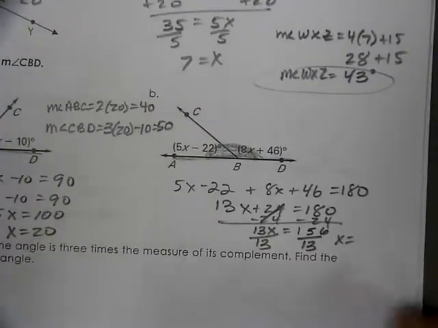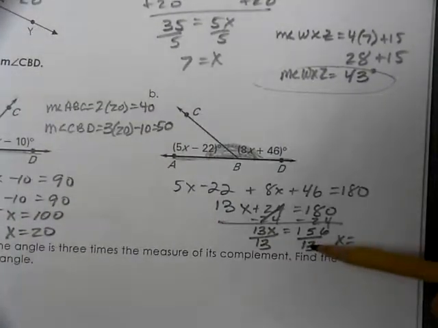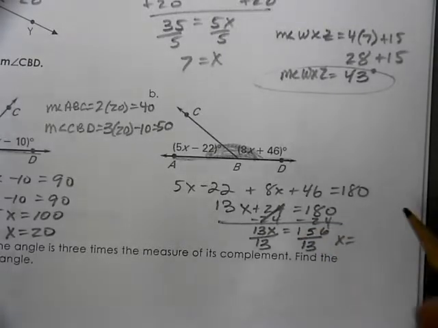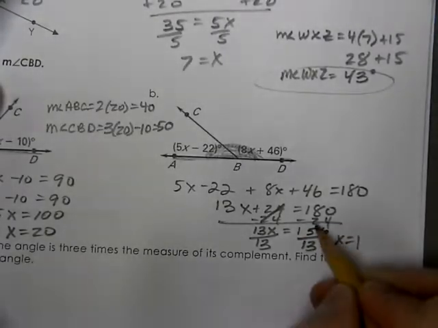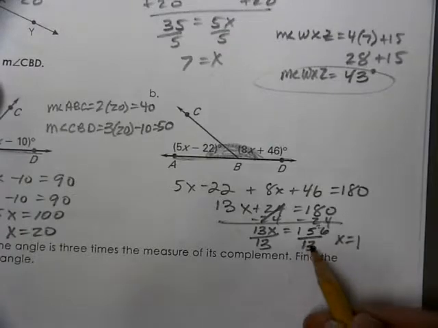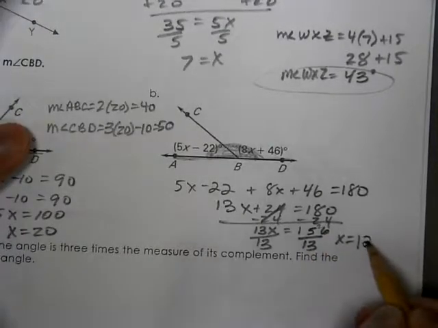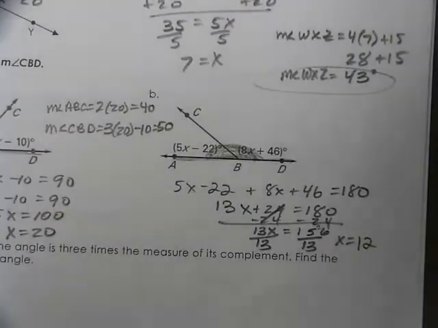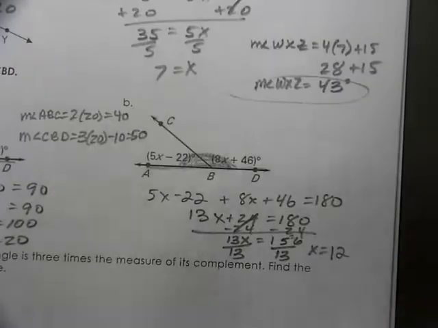And I don't know how many times it goes in there, but I do know that 13 goes into 15 once with 2 left over, and 13 goes into 26 twice. So that must be x equals 12. Then it wants us to find the value of the angles.